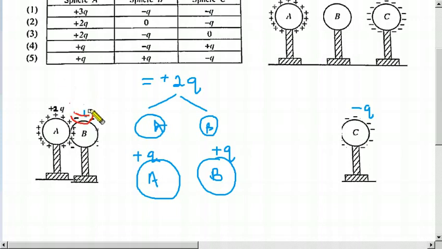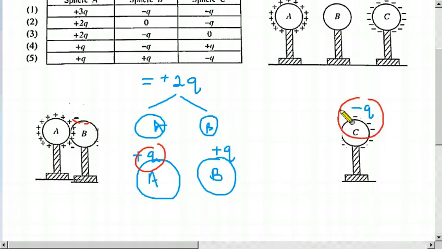So now the system has only 2q. That 2q distributes between these two spheres. So each gets 1, that means finally 1q positive.